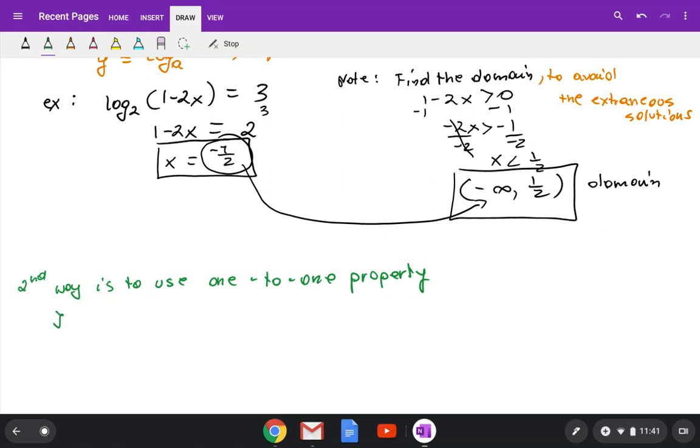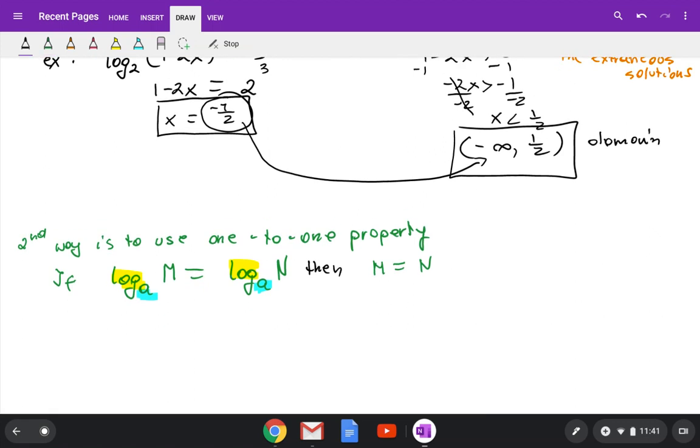What that means is, if you have logarithm of base a of m and logarithm of base a of n, with m and n expressions, and they both have logs on both sides, and most importantly the bases are equal, you can just ignore the logs, and this statement is equivalent to m equals n. So if log base a of m is the same as log base a of n, that means m has to be equal to n.